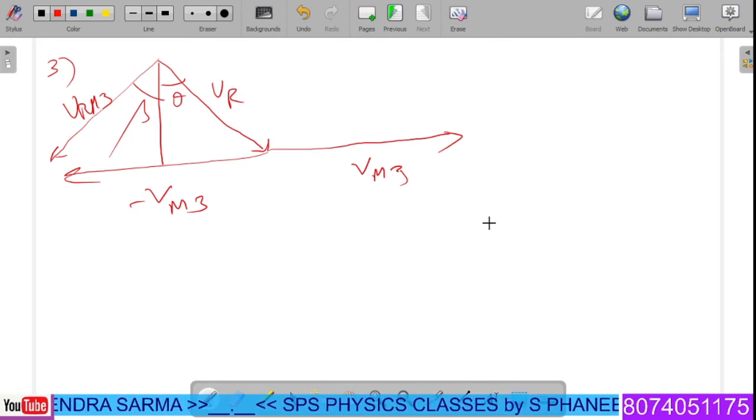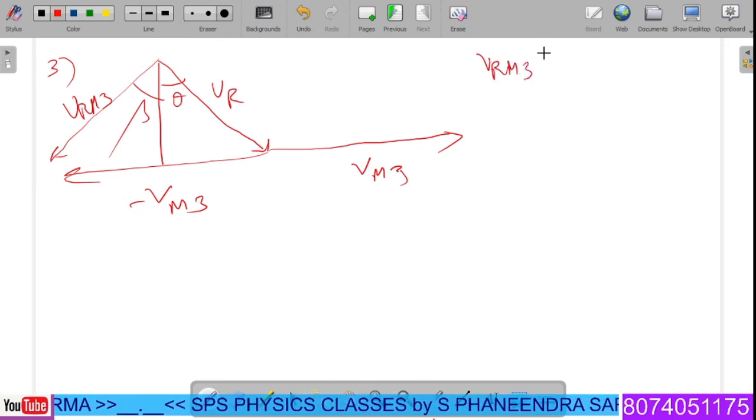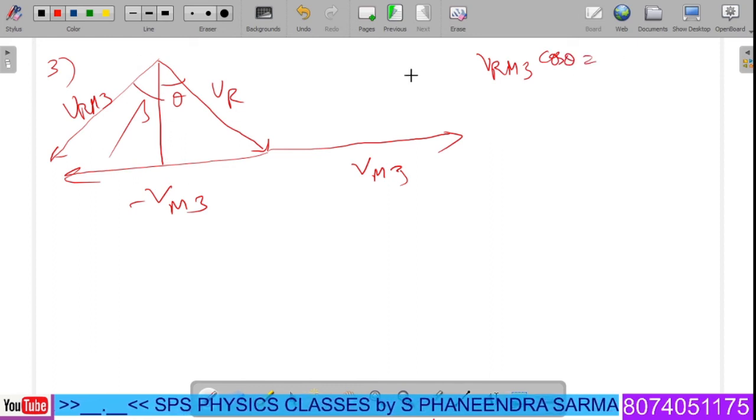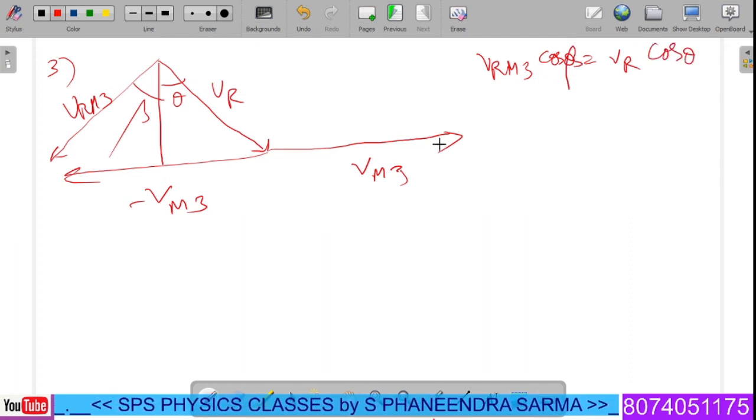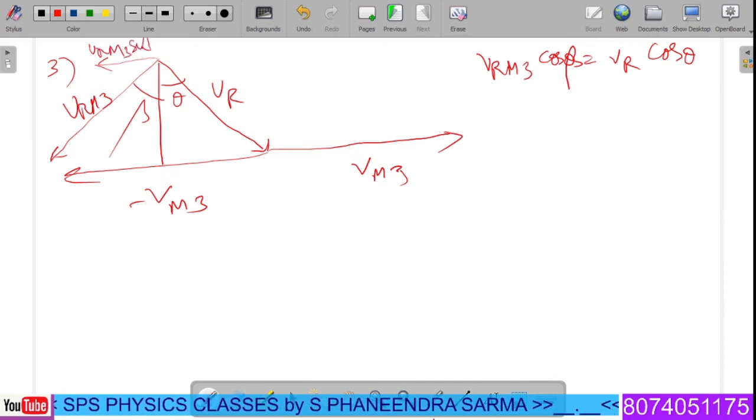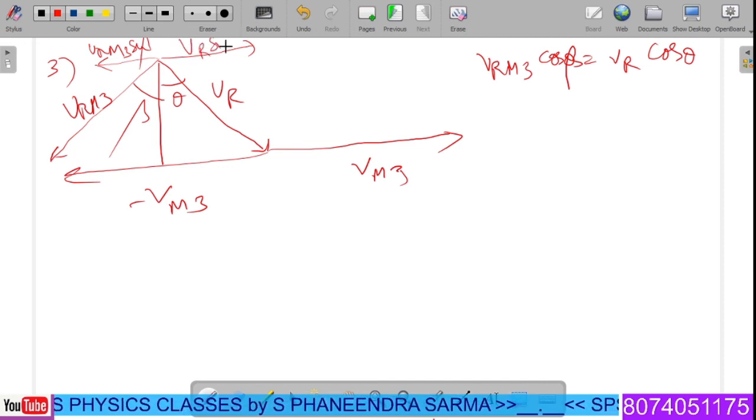So under such a case, by looking at this particular case carefully, along the vertical component, the VRM3 cos beta component must be equal to VR cos theta. And then this resolution will give you VRM3 sin beta, and this value will give you VR sin theta in this case.